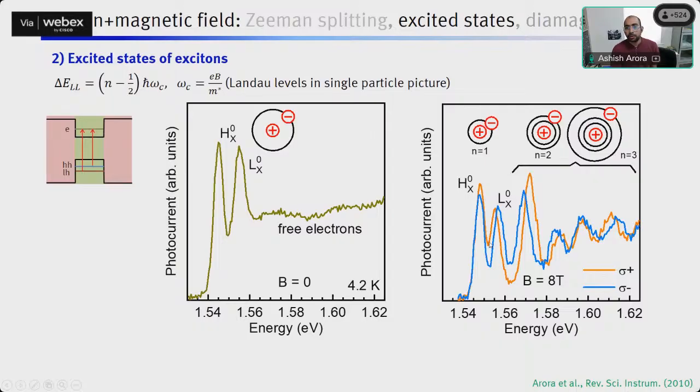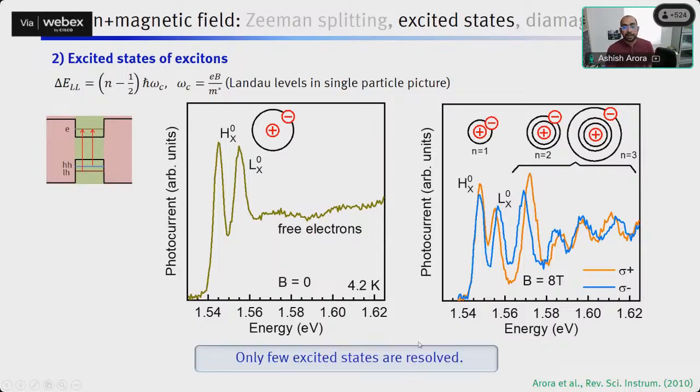There are these ground states which are available to see without magnetic field, but with magnetic field, the excited states are visible as well. These are n equal to 2 and n equal to 3, heavy hole and light hole, excited states of excitons visible. Therefore, the magnetic fields enable us to see excited states of excitons.